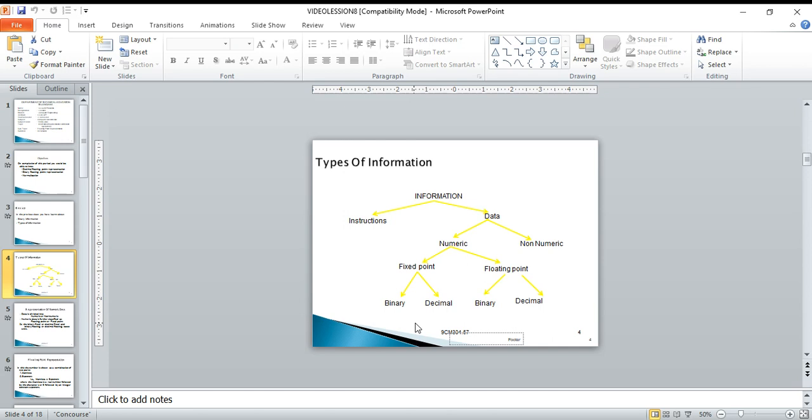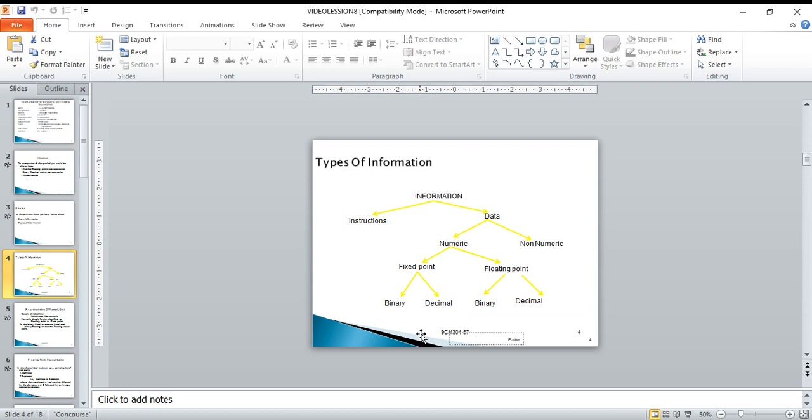In the representation we use one bit as 1 to represent a negative number, and follows the magnitude bits of that original decimal number. That is the fixed point representation.